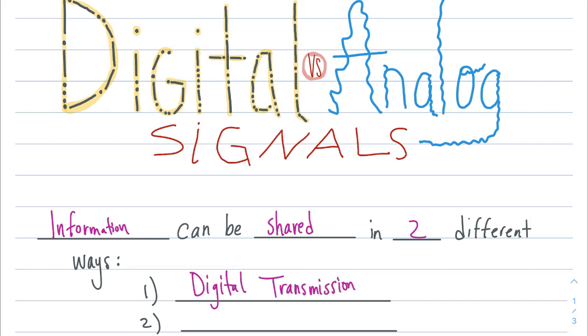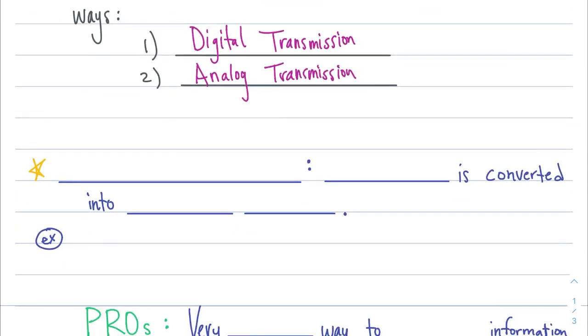Here it can be a digital transmission, or you can have an analog transmission. We'll go ahead and describe the differences between digital and analog. So let's start with the digital, which I spelled wrong. It's just D-I-G-I-T-A-L, digital transmissions. Let's start with those.